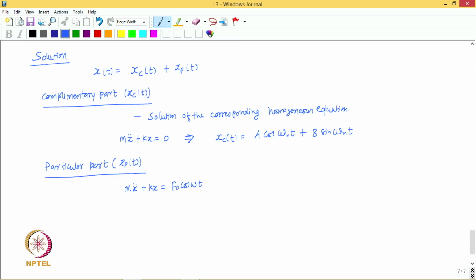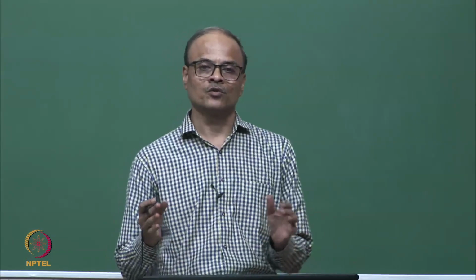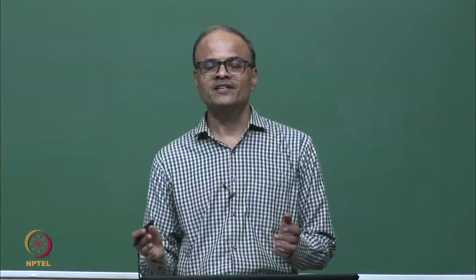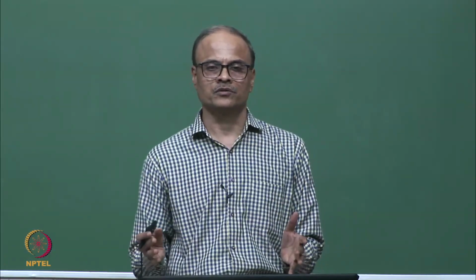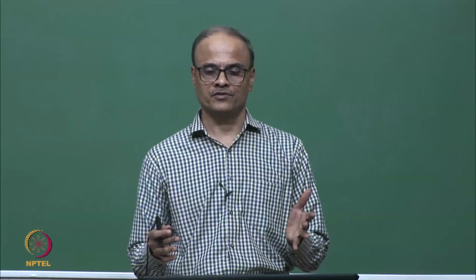A solution x of this equation is nothing but a particular solution, and when that is added to the complementary function, we get the complete solution, referred to as the general solution, which represents all possible solutions the system may have for any arbitrary initial conditions.